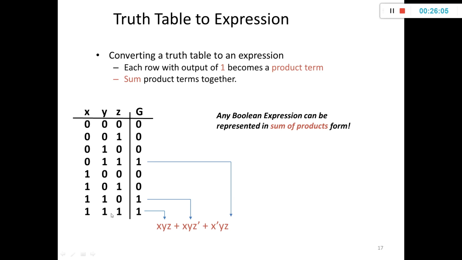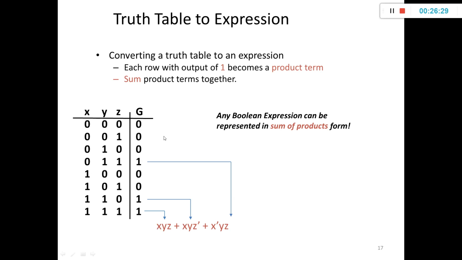For the 7 it is XYZ. Here it is written XYZ plus XYZ bar, and also XYZ bar plus X bar YZ. For this truth table, this will be the Boolean expression.